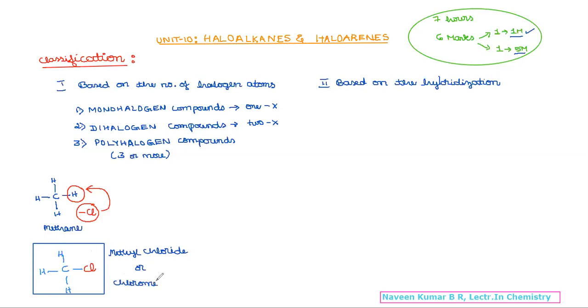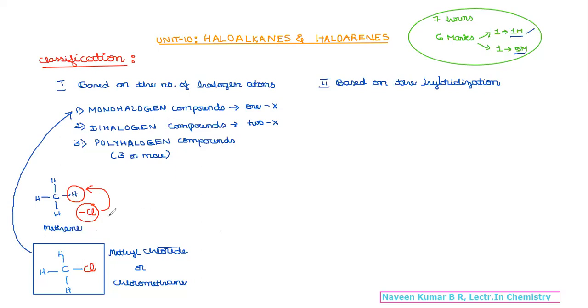We'll observe the nomenclature system in the coming classes. That is methyl chloride or chloromethane. This is an example of an aliphatic hydrocarbon. We have taken an alkane as an example here. The halogen chlorine is substituting one of the hydrogen positions in the compound. Hence, this is an example of a monohalogen compound.